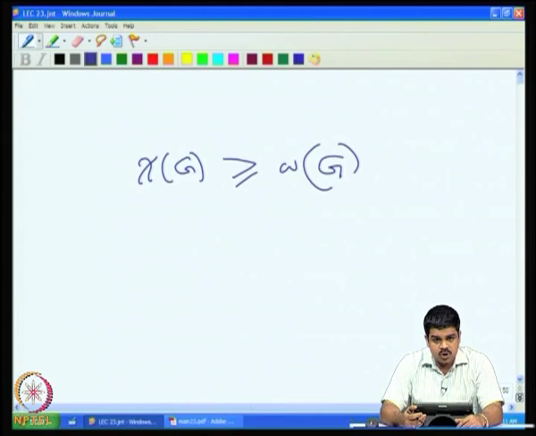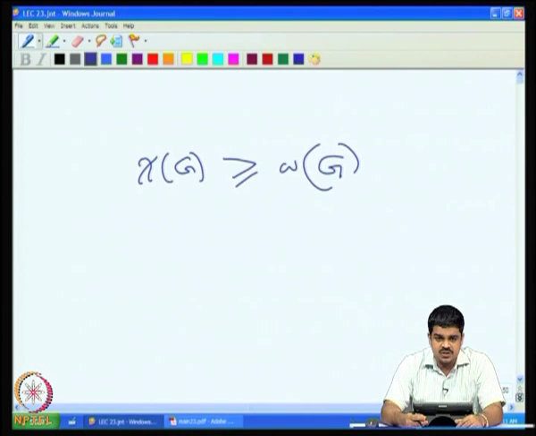So, chromatic number being high has nothing to do with the presence of a large clique in the graph, though the presence of a large clique can in fact make the chromatic number higher than or equal to that. On the other hand, even if the clique number omega of G is quite small for the graph, the chromatic number can be high.